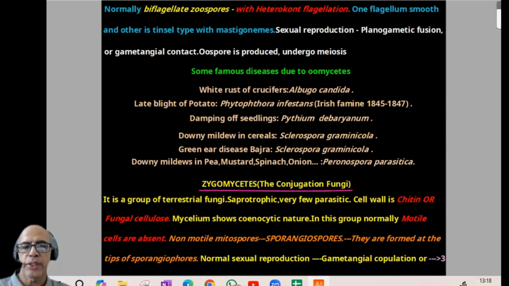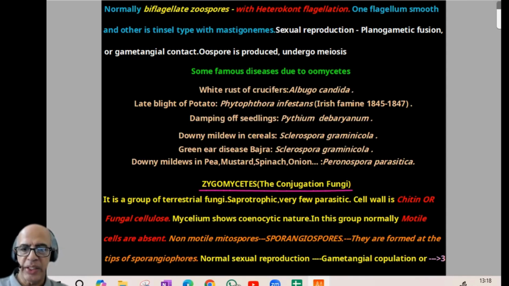One flagellum is smooth and the other is tinsel type with small hair-like structures, which are called mastigonemes. Sexual reproduction is by planogametic fusion or gametangial contact, and oospore is produced. That is why oomycete: oospore is produced and undergoes meiosis.